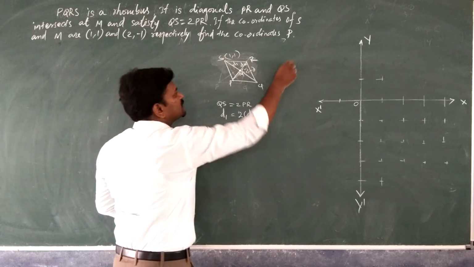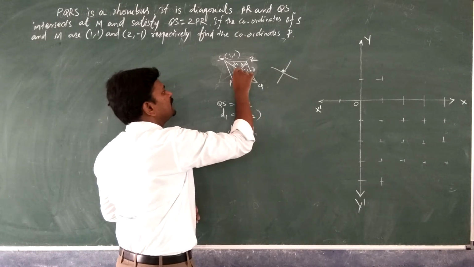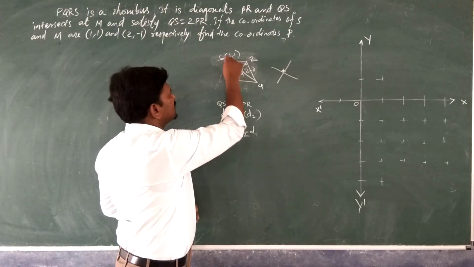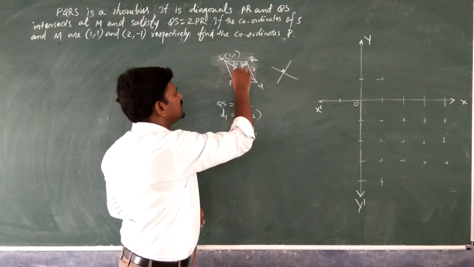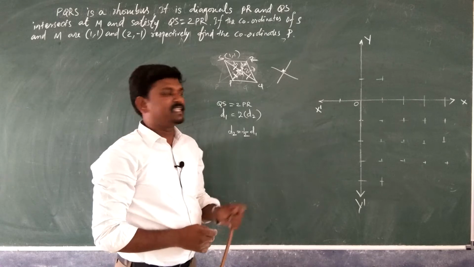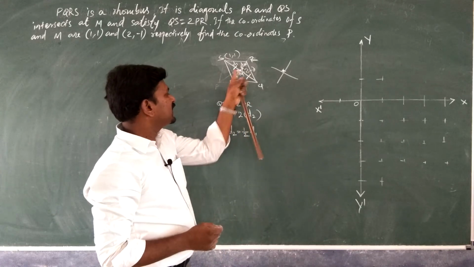So the angle will be 90 degrees, and the distances SM and QM will be equal, because they are bisecting each other. They are dividing each other into 2 equal parts and meeting at right angle.